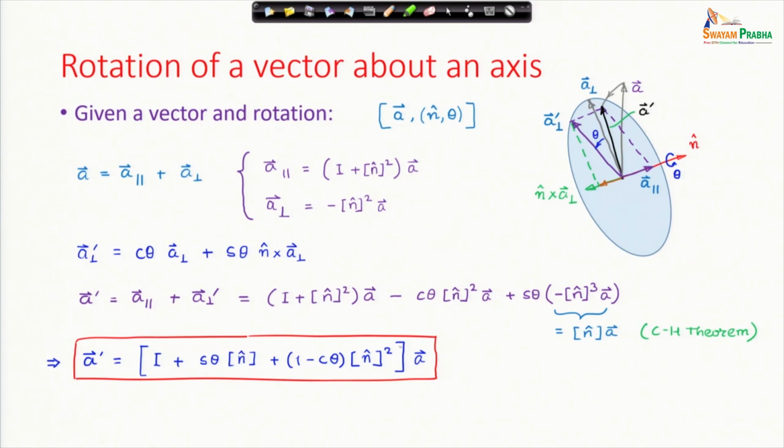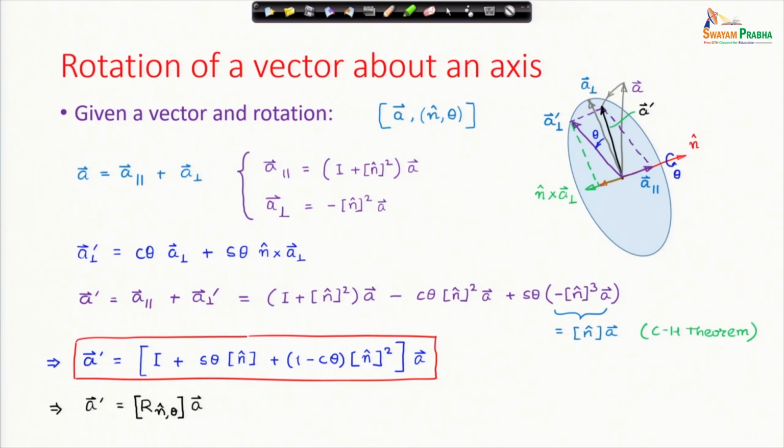The rest of it must be my rotation matrix corresponding to a rotation about the n cap vector by an angle theta. Since n cap is given, Rodrigues form of n is known, theta is given, therefore, cosine theta and sin theta are known. Therefore, I have the complete representation of this rotation matrix, which is a rotation about n cap axis by an angle theta.